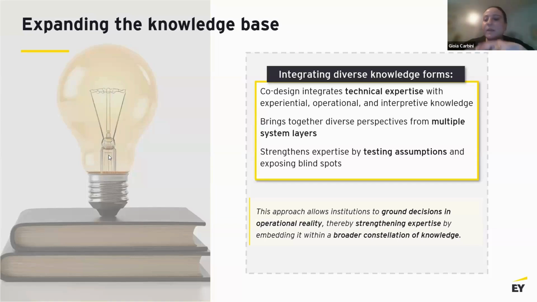We can also understand how the role of expertise is changing, because many institutional decisions can no longer rely solely on the authority of specialists, of very vertical experts, because sometimes we need to think about the limitation of the technical mandate.